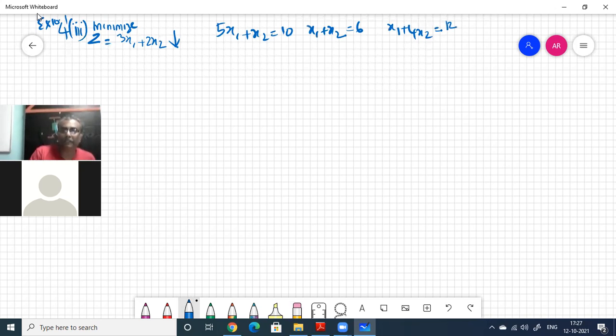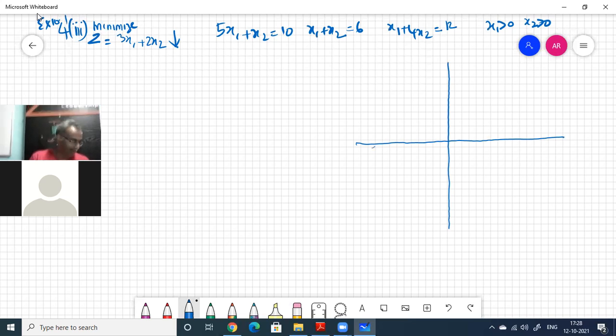Then the usual non-negativity constraints, x1 and x2 greater than or equal to 0, so this is also in the first quadrant. Let us draw the first quadrant.